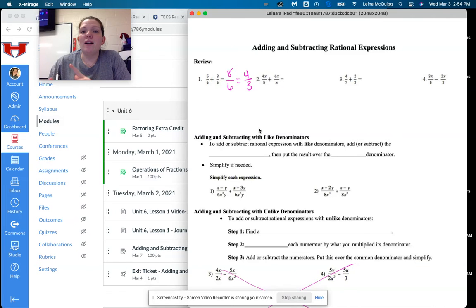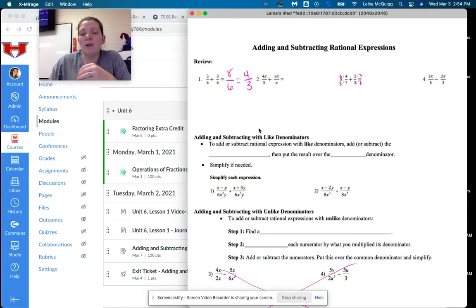Number 3, we don't have like terms in the denominator, so we need to make like terms in the denominator. So I can make the denominators the same by finding the least common multiple, and in this case, it's going to be 21. So I want to make the denominator 21. But whatever I do to the denominator, I have to do to the numerator.